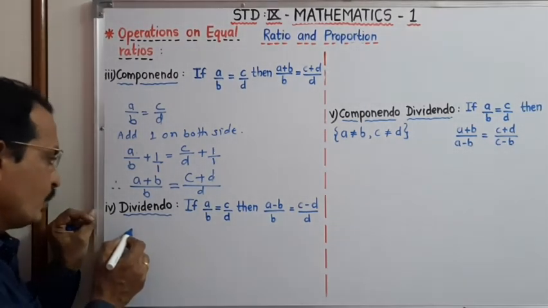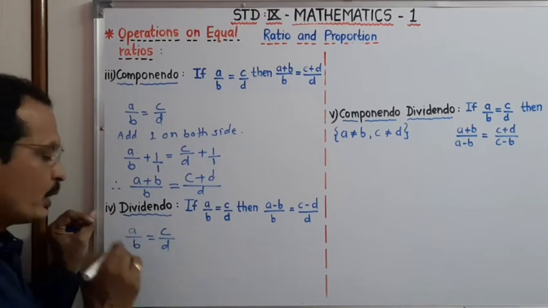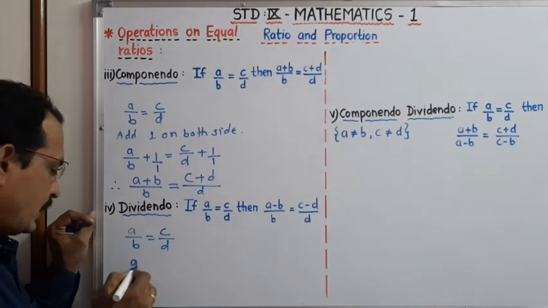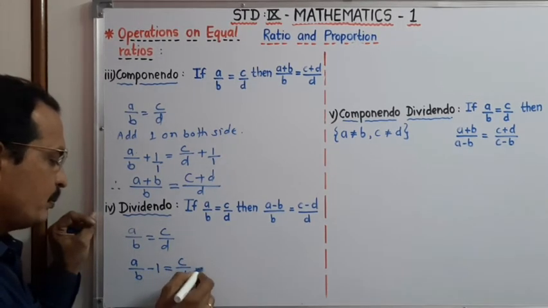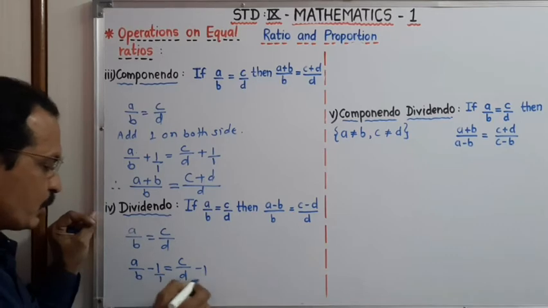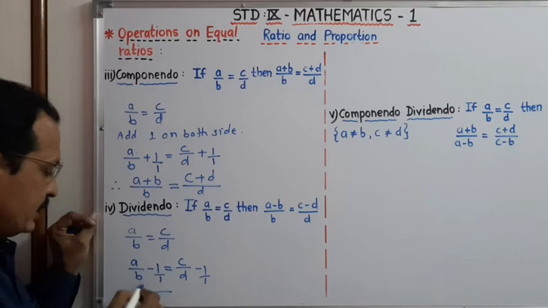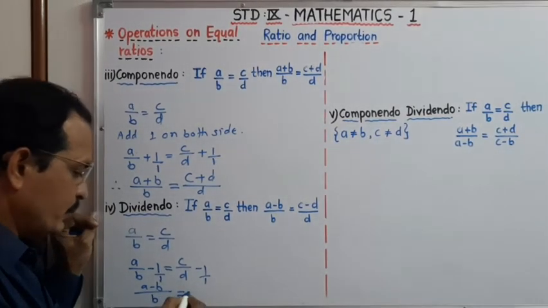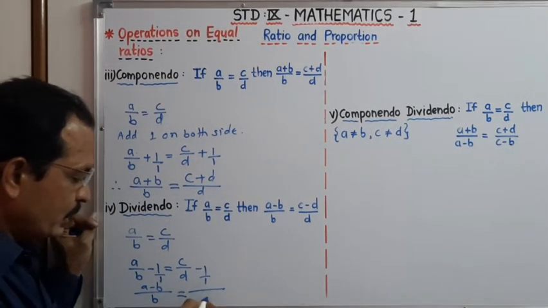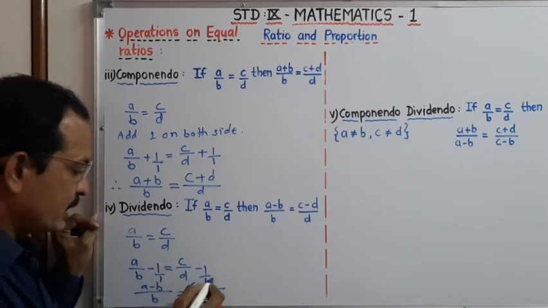Therefore, we know that a upon b is equal to c upon d. Then we have to subtract 1. Therefore, a upon b minus 1 is equal to c upon d minus 1. This 1 means 1 upon 1. Therefore, dear student, b into 1, that is b, a into 1, a minus b into 1, that is a minus b upon b, equal to, see what happened here, d into 1, that is d, c into 1, that is c, minus d into 1, that is d.